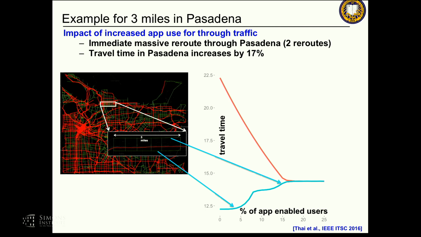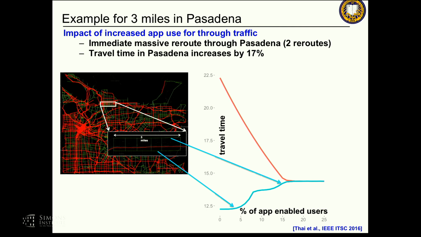It's a very simple toy example, in which we have demand from here to here, and with the percentage of people using the app, by solving a simple Nash-Stackelberg problem in which you assume that you have leaders who have the information and followers who don't have the information and route themselves selfishly, what you can compute is the travel time on the freeway, which is what people would have done if they had not had the information, at 0%.